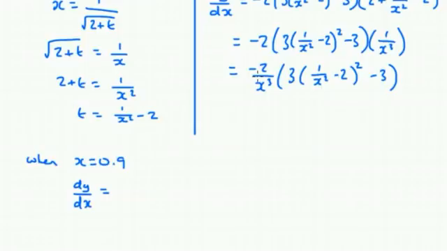Then I'm going to press equals, and then type in 0.9 and equals, and then up and equals. And that's giving me a positive gradient. That's giving me 3.41.